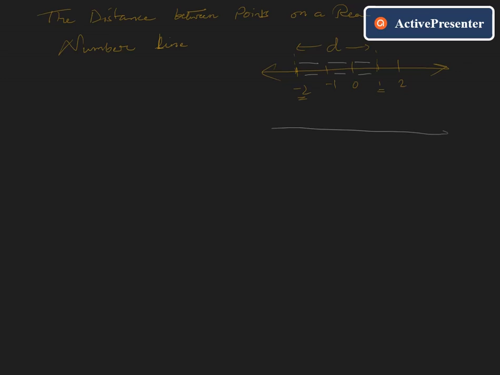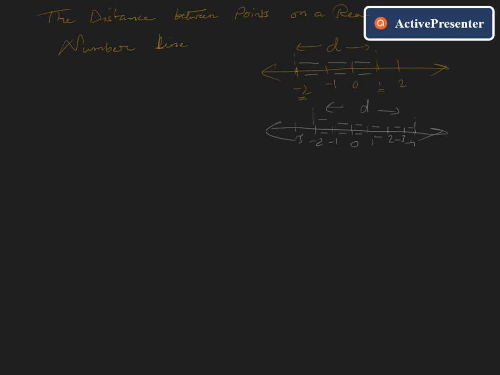If I ask you what is the distance between, for example, 4 and minus 2, you will go from the left, 1 unit, 2 units, 3, 4, 5, 6 units. And if you go from the right, the same, 6 units.